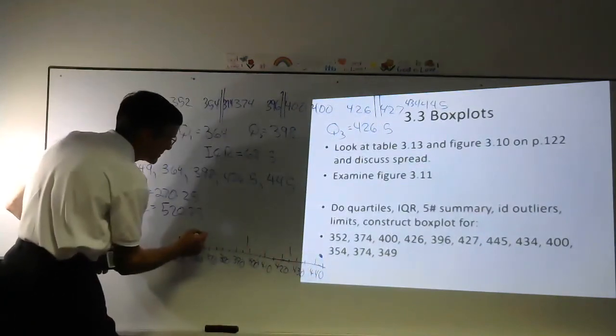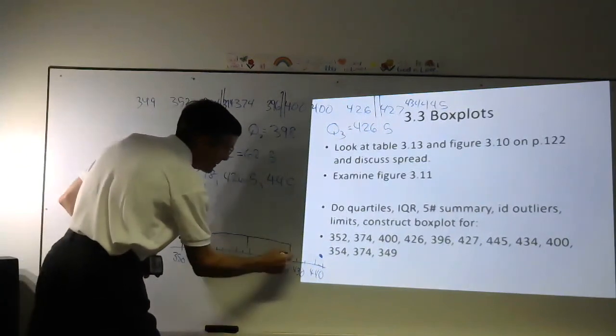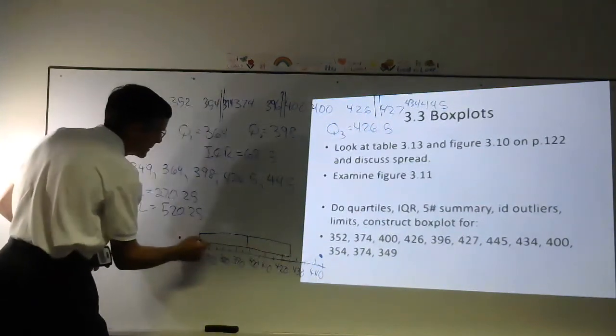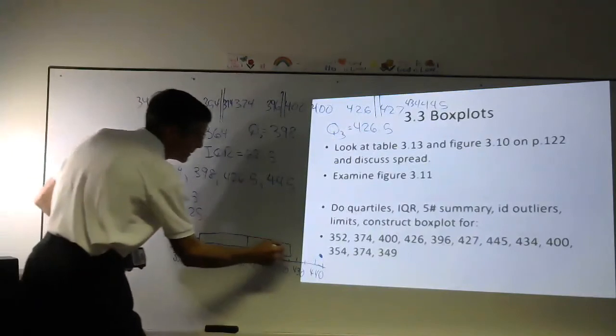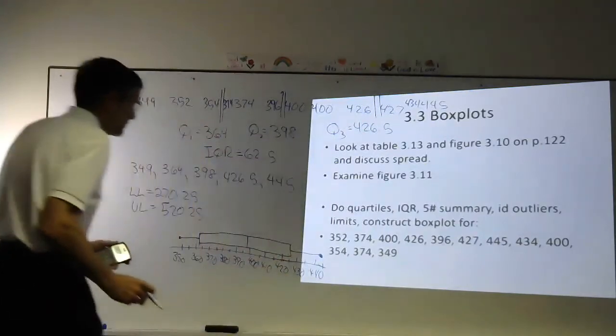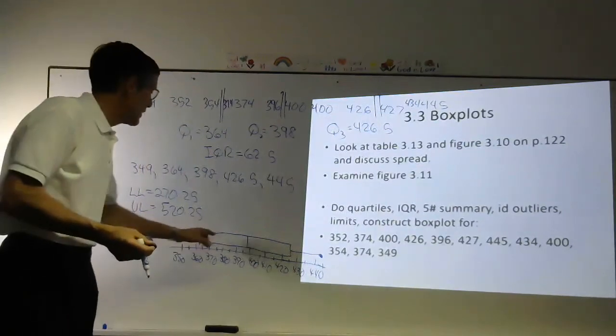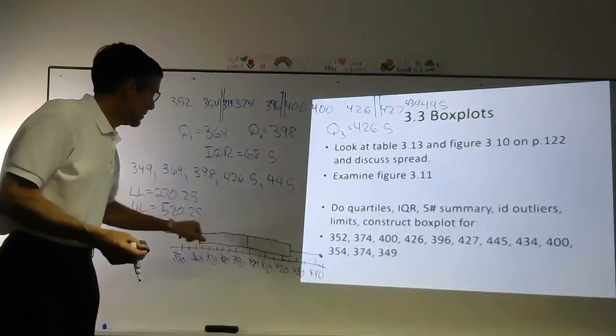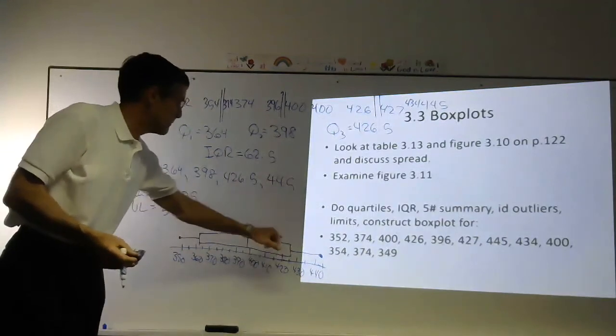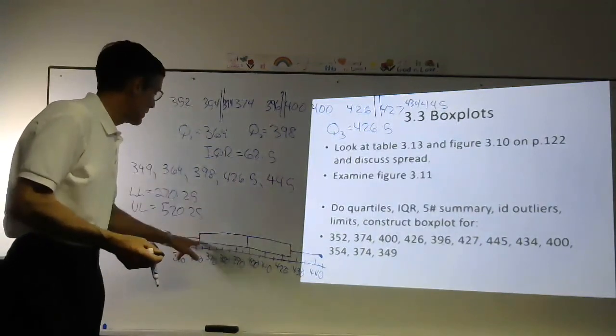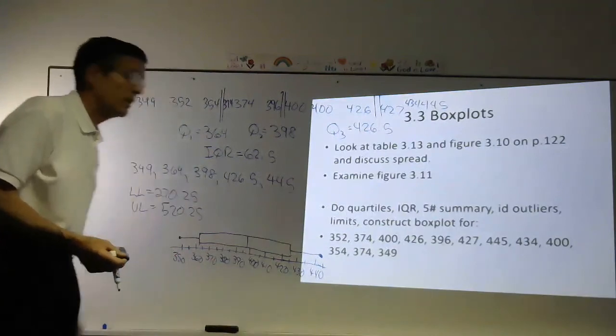The box is in there like this, and the whiskers come down like this. It is a fairly symmetrical box. I mean, the spread in the middle is huge. But you can almost see it would be like a bell curve almost here. Not quite as much spread here or there.